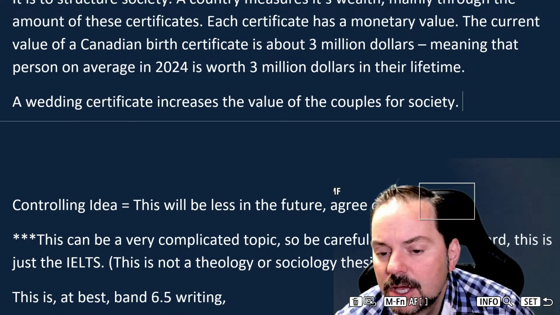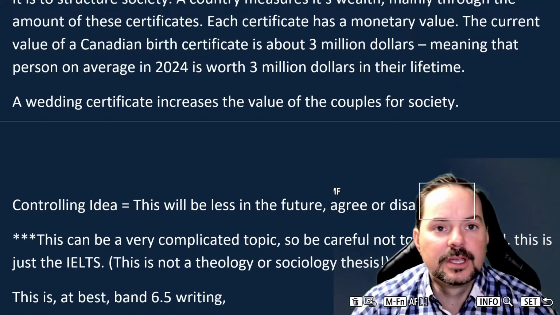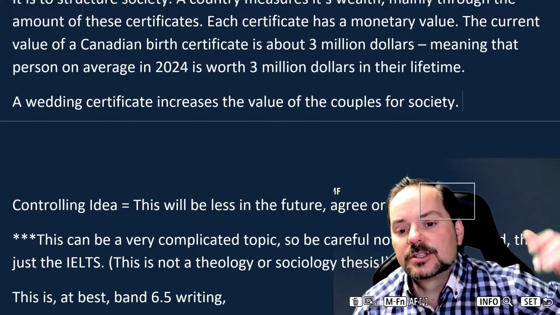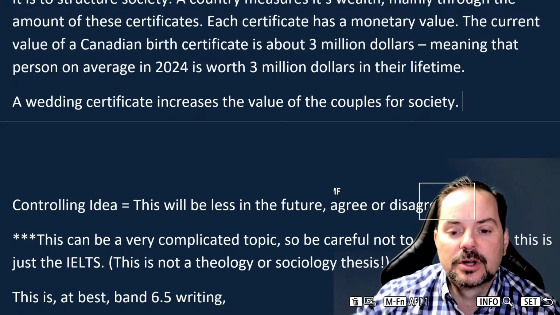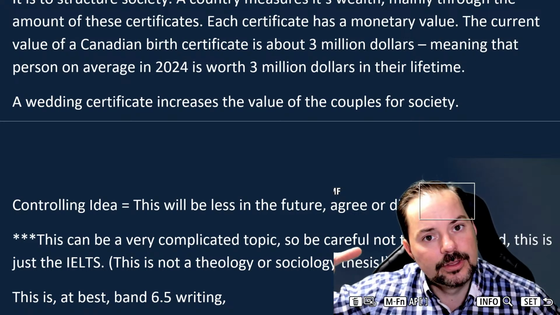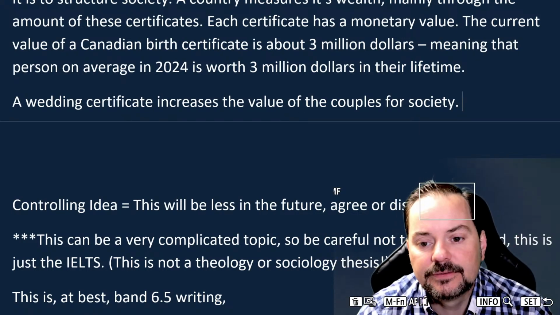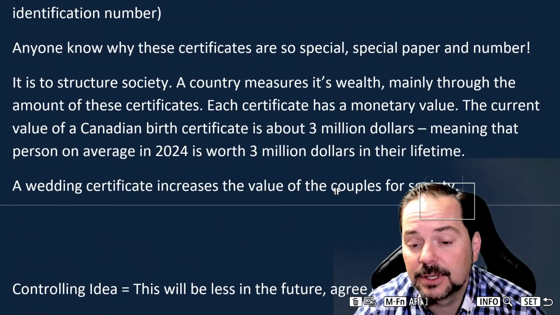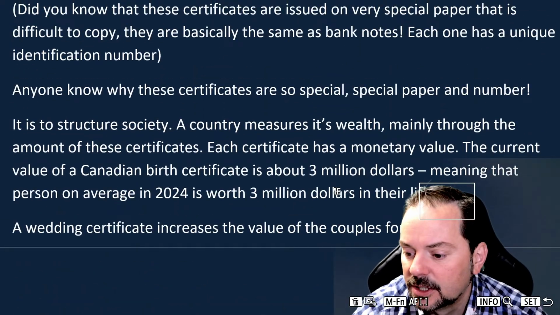Okay? So anyway, it's not sociology. I know what some of you are thinking. You're like, but Adrian, I thought you said this is not sociology. And you're right, it's not. I'm not going to start explaining how nations and countries measure their economic growth and values through these certificates. And of course, it's more than just that, but there's a reason why these are on special paper and have these special numbers.